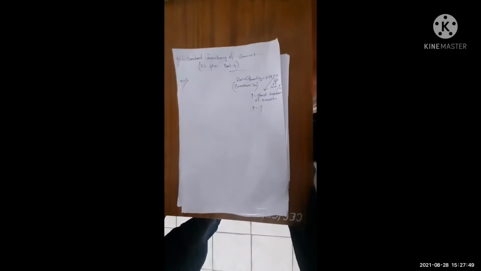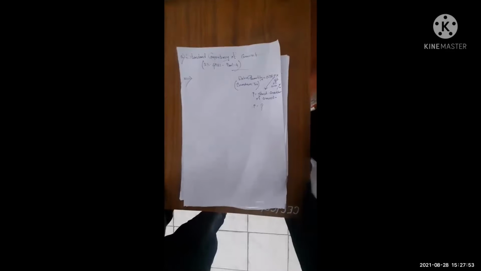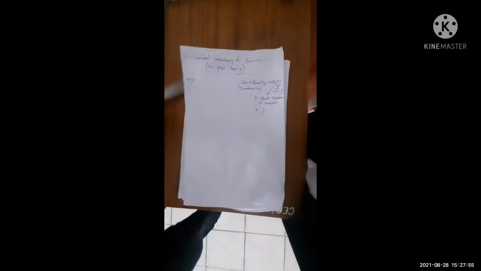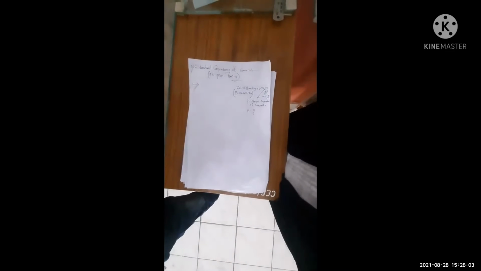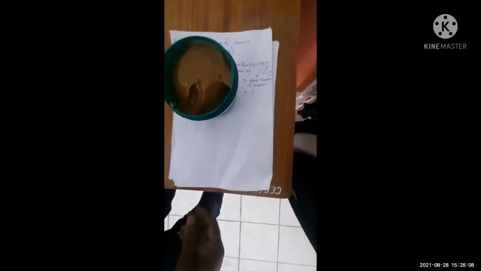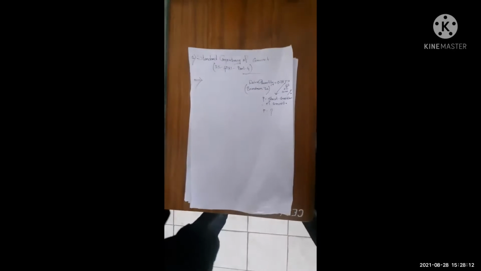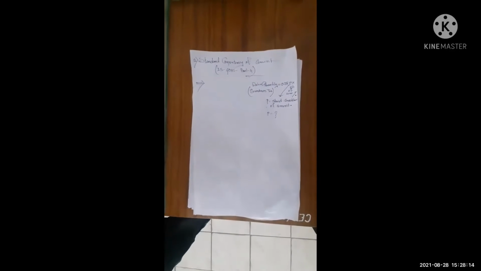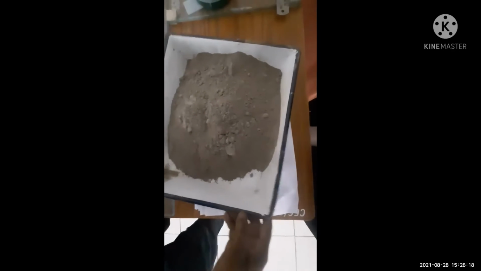Now see the apparatus which we will use in this experiment. First, this is a gauge trowel. Here is our grease for oiling the mold, and here is our cement sample.